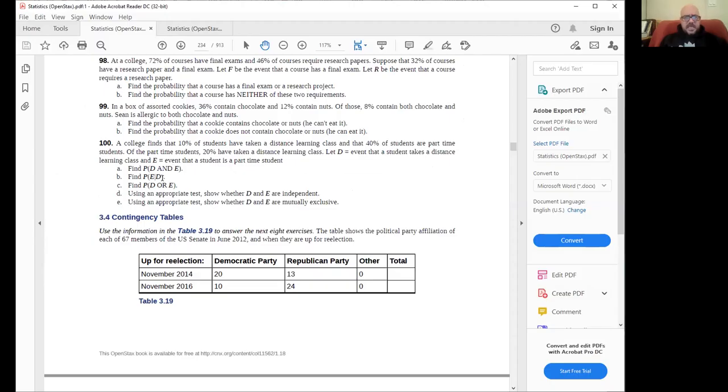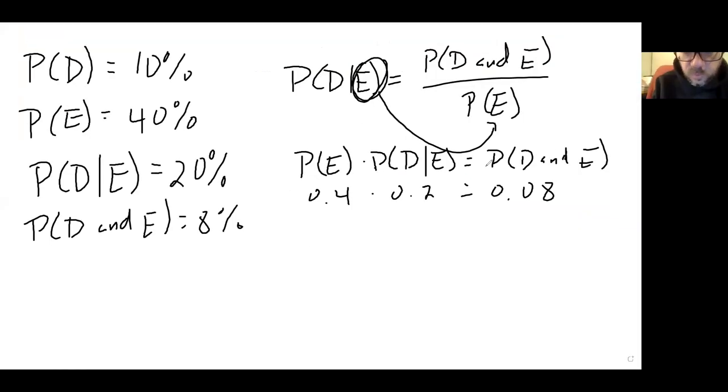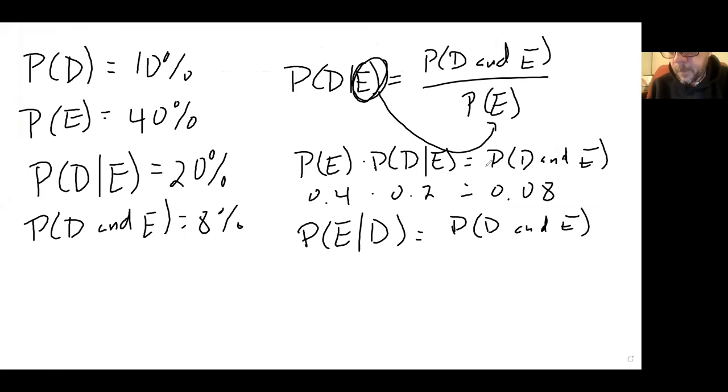Okay, let's see what else we got. Probability of E given D. They told us D given E, now we need to do E given D. We're going to use the same idea. Probability of E given D is probability of D and E over probability of D. So that is 0.08 divided by the probability of D, which was 0.1.